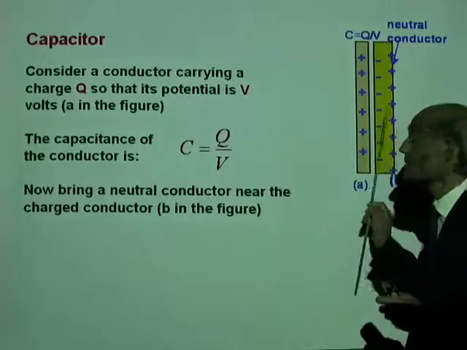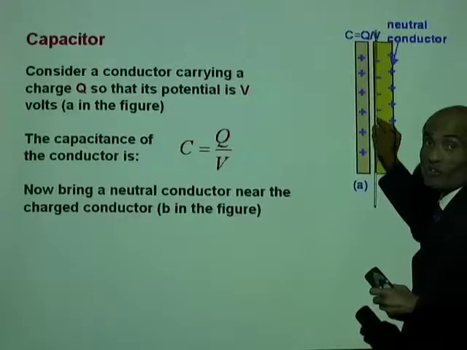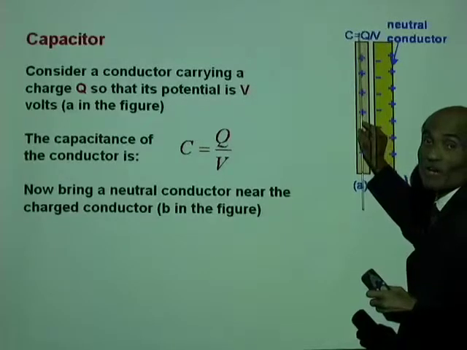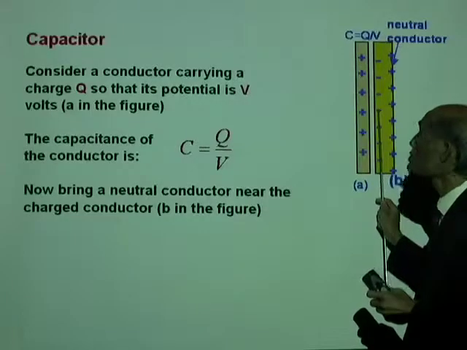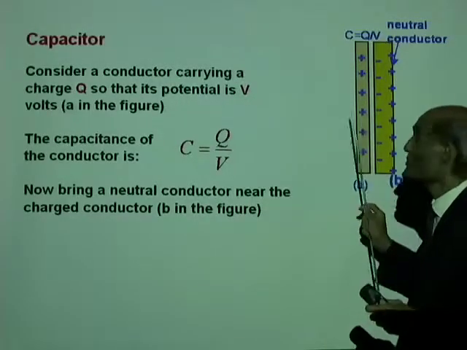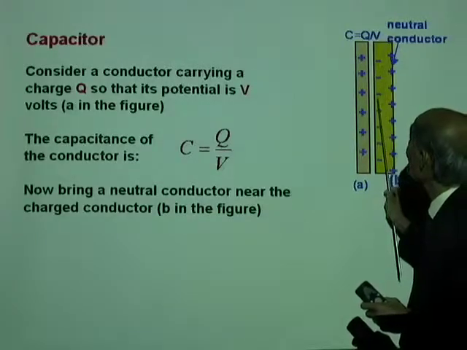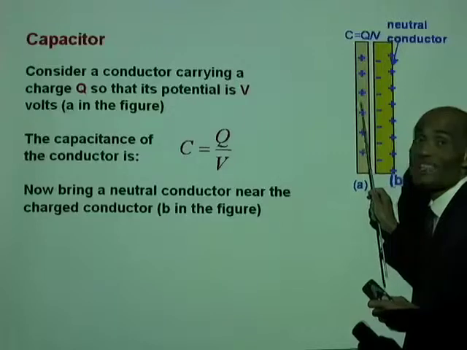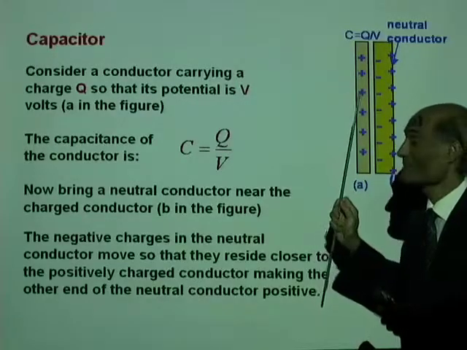As a result, the influence of these negative charges is going to be felt on our charged conductor. You know that the potential of a negative charge is negative. So, the presence of these negative charges will produce a negative potential on our charged object.